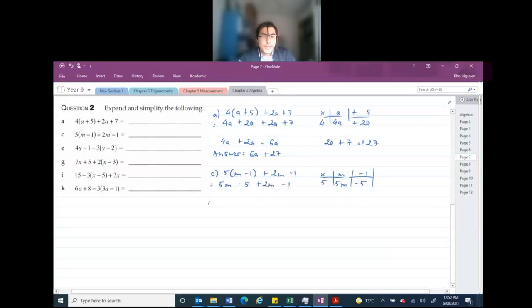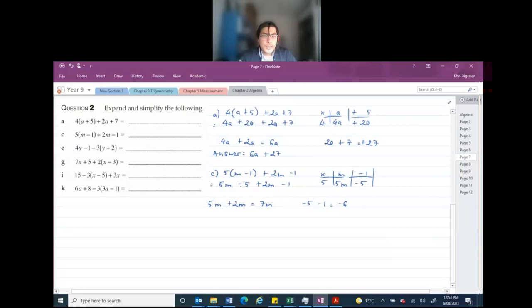So the 5m and the plus 2m would go together, and that would become 7m, minus 5 minus 1. That's going to make negative 6. Remember that any sign goes with the number right after it.